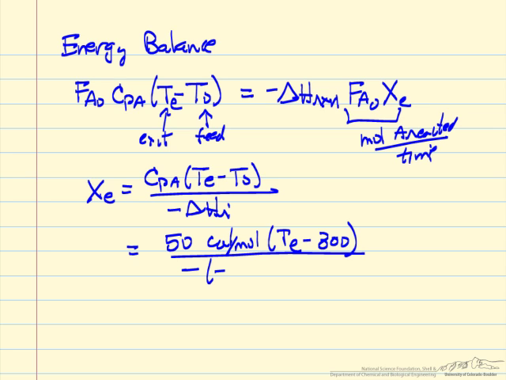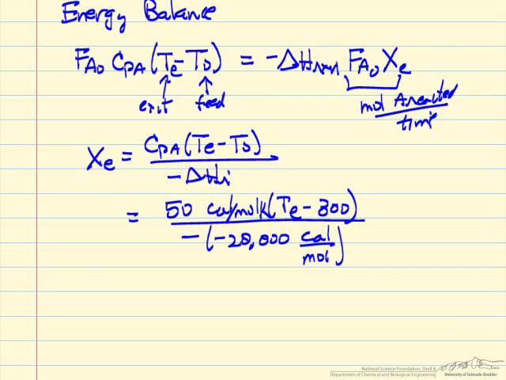And the heat of reaction is minus 20,000 calories per mole. So the units are going to cancel, with temperatures in Kelvin. We get that the equilibrium conversion is equal to the equilibrium temperature minus 300, over 400.